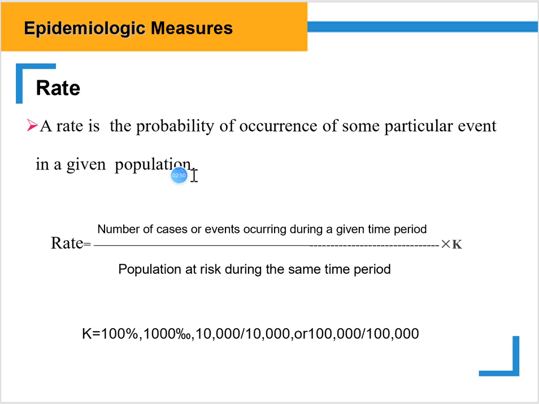A rate is the probability of occurrence of some particular event in a given population. When calculating the rate, the numerator is number of cases or events occurring during a given time period. The denominator is the population at risk during the same time period, and times k-value.